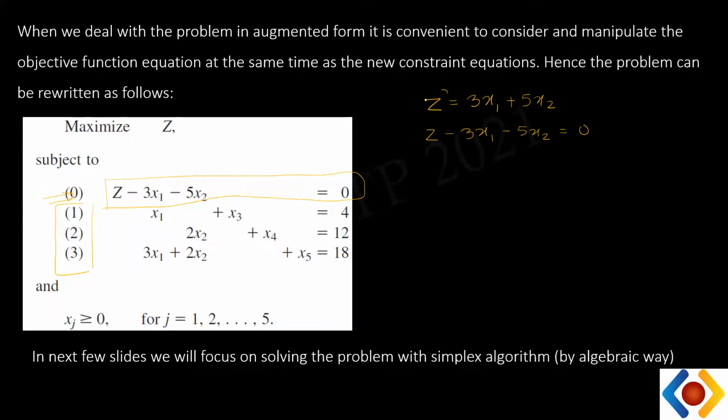Z is our profit, right? So it's a constant, not a variable. What is profit? It's a variable. The value of Z depends on the value of x1 and x2. So it will increase our degrees of freedom.